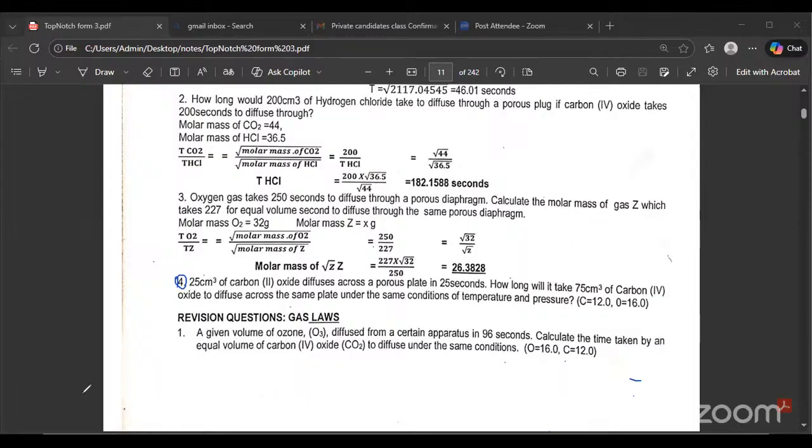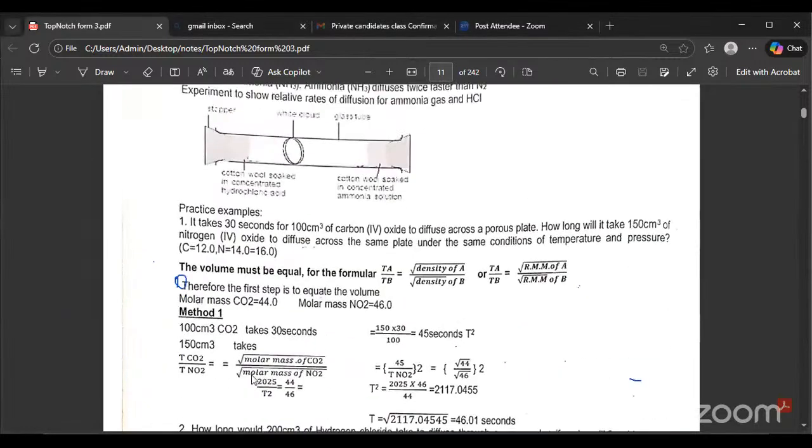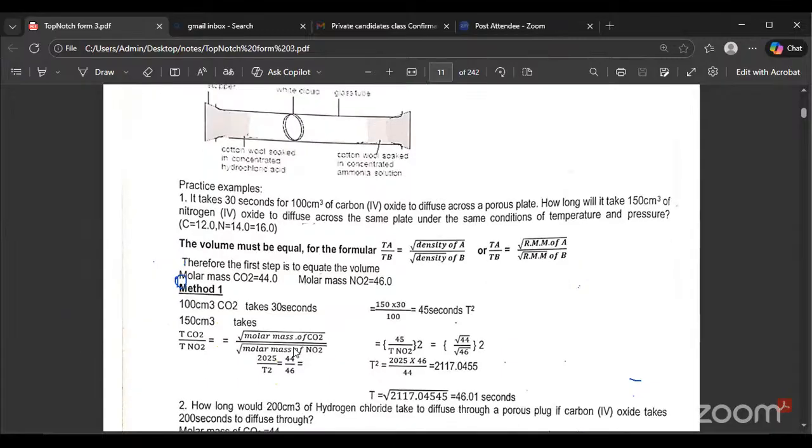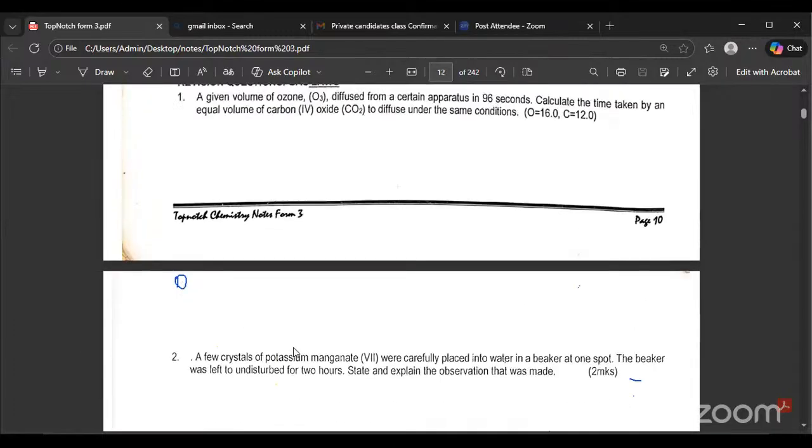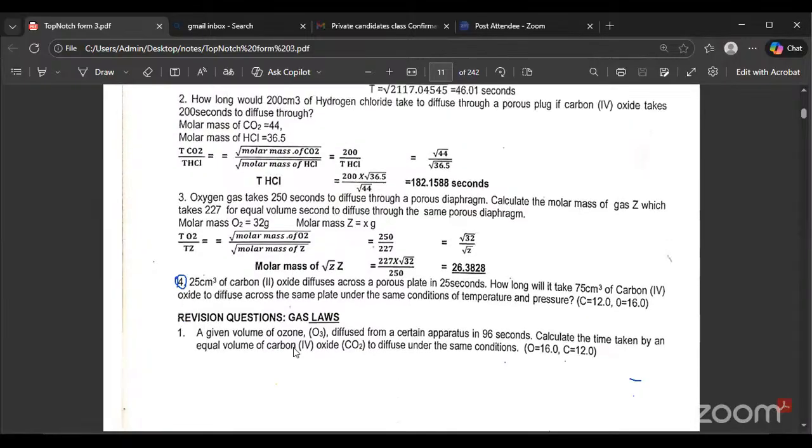There was an example that we did in the beginning when we started this. The volumes must be equal for the time formula, so we must always use equal volume.